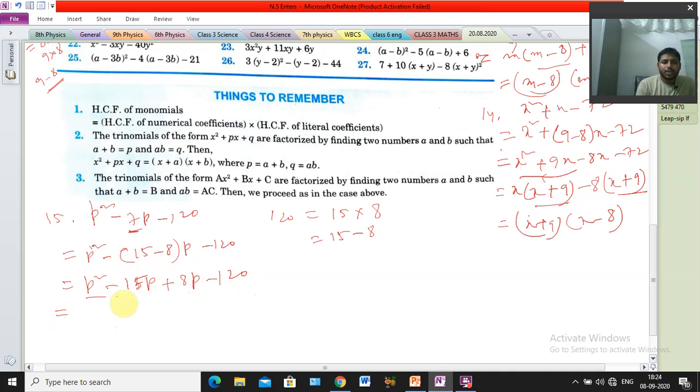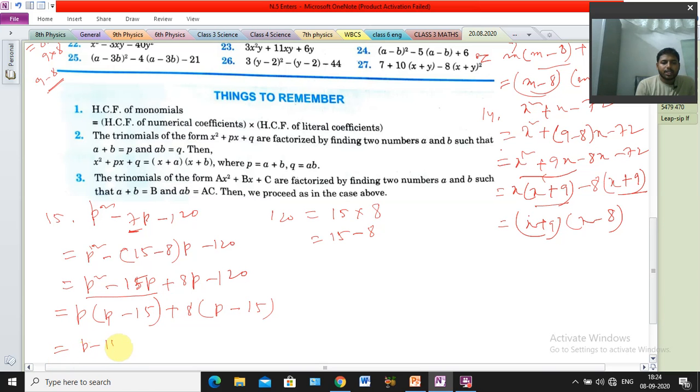From the first two terms, p is common, so p minus 15 will come. Plus 8 common, so p will come, minus 15 will come from minus 120. Clear or not? 8 into 15 is 120. Understood?